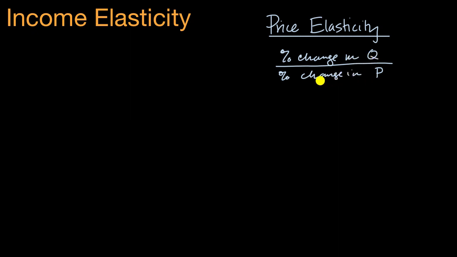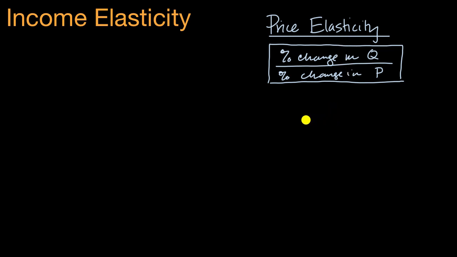And as we talked about in many videos, this is a way of measuring how sensitive quantity demanded or supplied is to a change in price. What we're going to see in this video is that this is not the only type of elasticity that economists will look at. There are many types of elasticity where they want to see how sensitive one thing is to another.